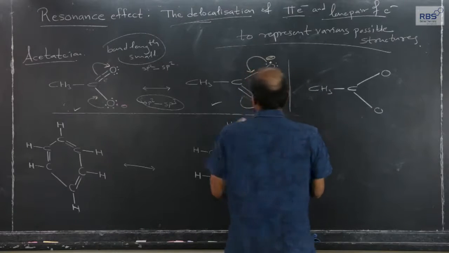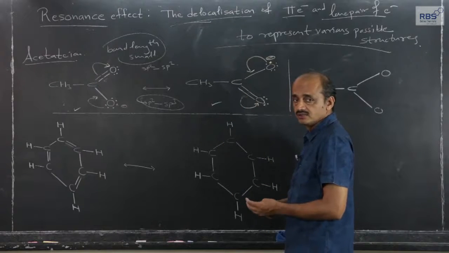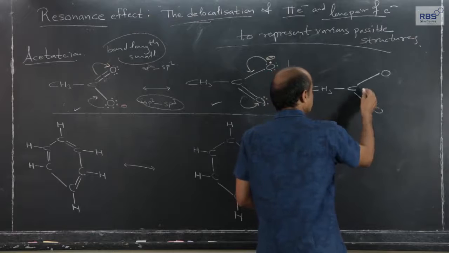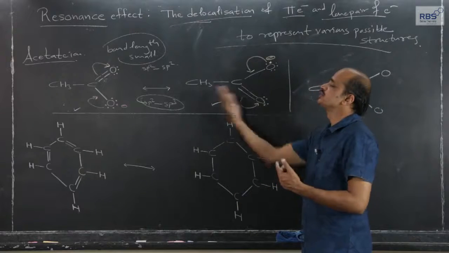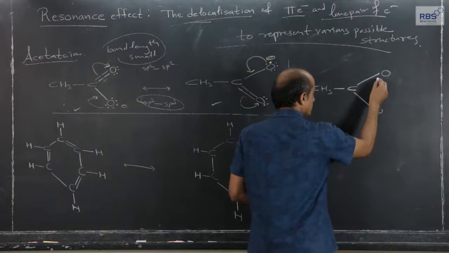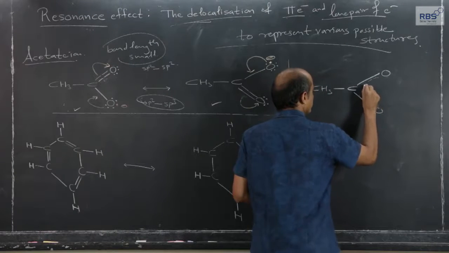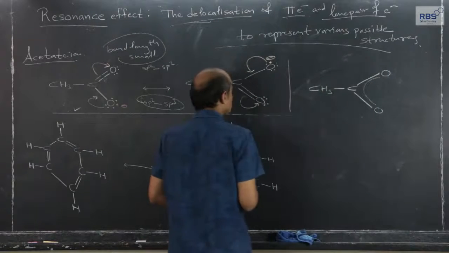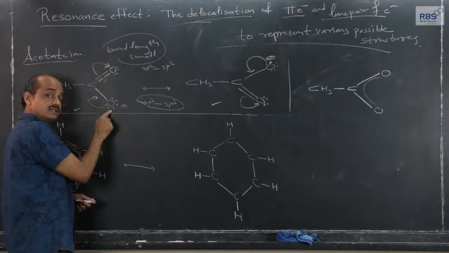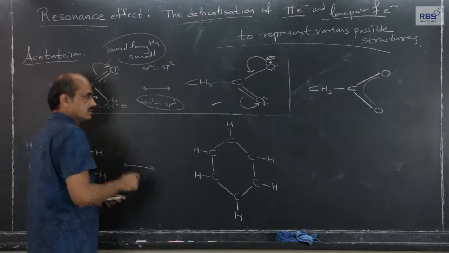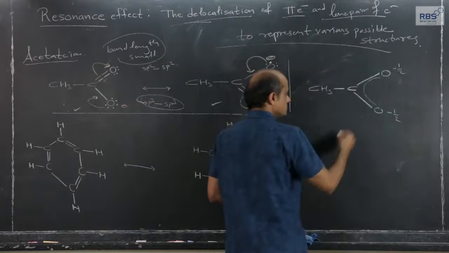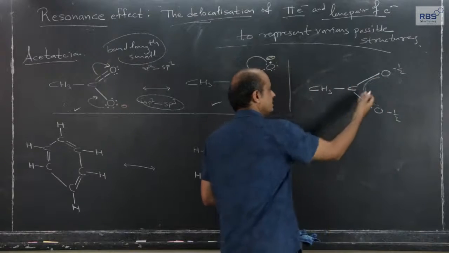Now, I have just told you that both the bond lengths are actually identical, and the amount of energy required to break both the bonds is in between and the same. Therefore, the actual structure is a hybrid of these two possible resonating forms, and therefore it is represented in this fashion: a single bond and a dotted bond, and instead of showing -1 on this oxygen in one structure and -1 on another oxygen, -1/2 is written on this oxygen and -1/2 on this oxygen, and this dotted line is a representation.